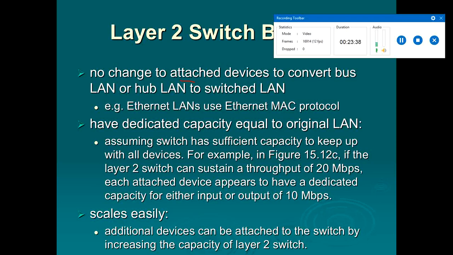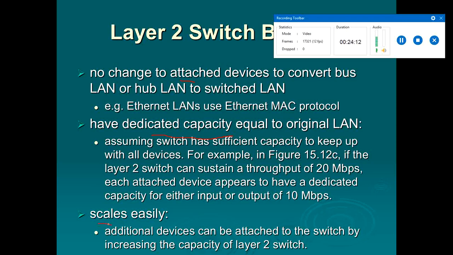Second, each attached device has a dedicated capacity equal to the capacity of the entire LAN, assuming that the layer 2 switch has sufficient capacity to keep up with all the attached devices. For example, in the previous figure, the layer 2 switch can handle a throughput of 20 Mbps, and each attached device appears to have a dedicated capacity of receiving or transmitting at 10 Mbps.